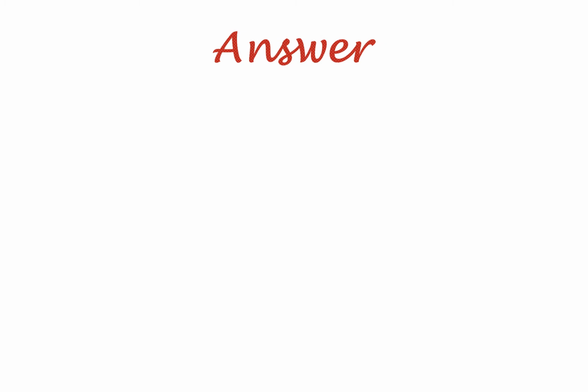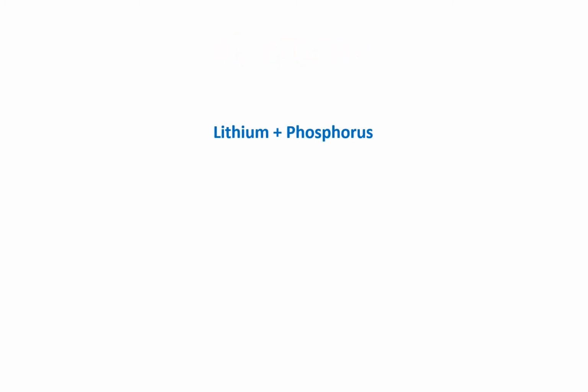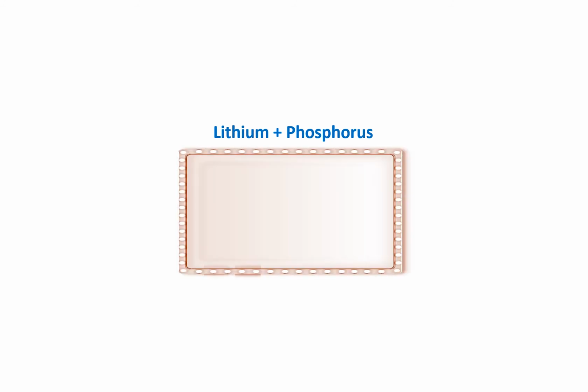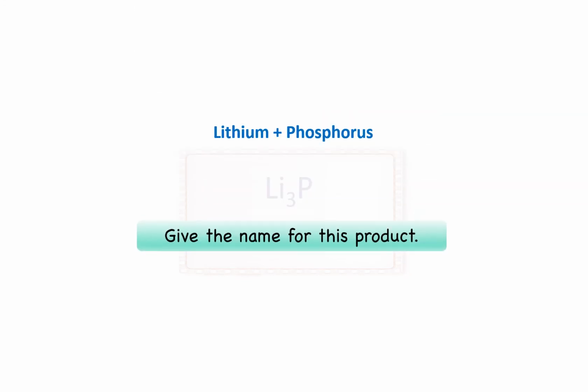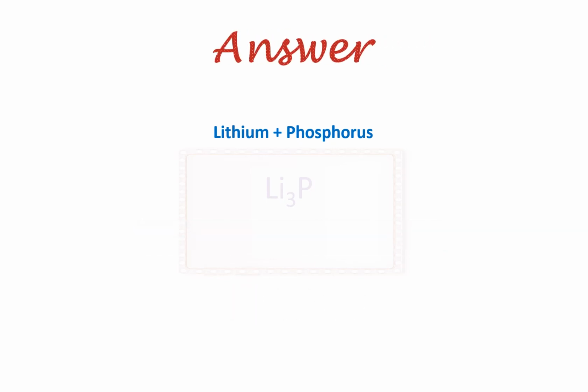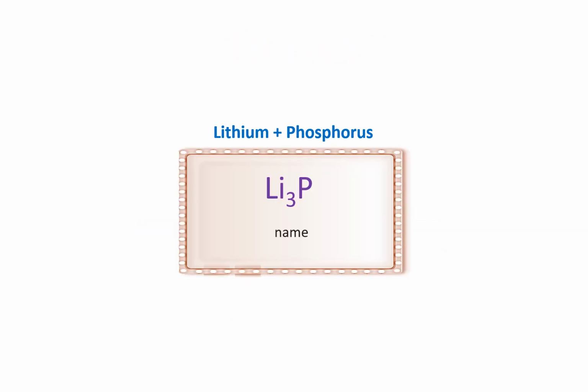Answer: the formula is Li3P. Part B. Give the name for this product. Answer: the name is lithium phosphide.